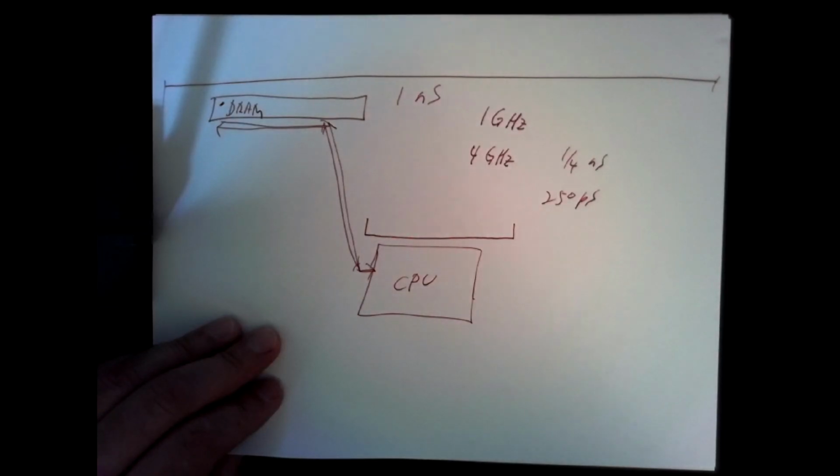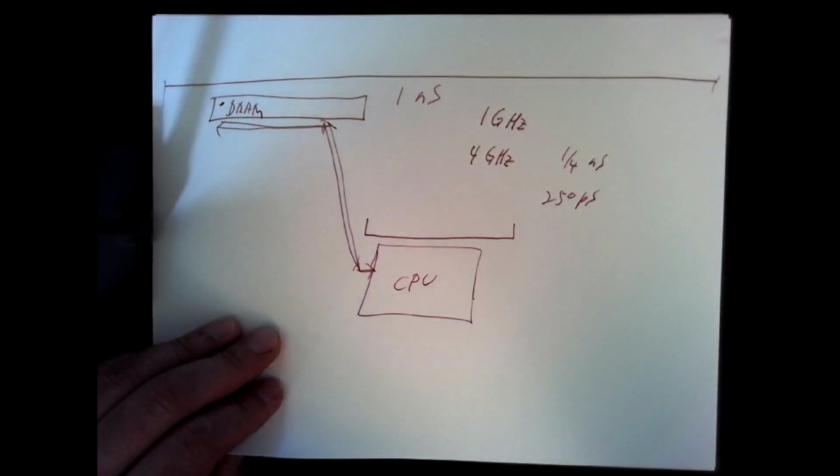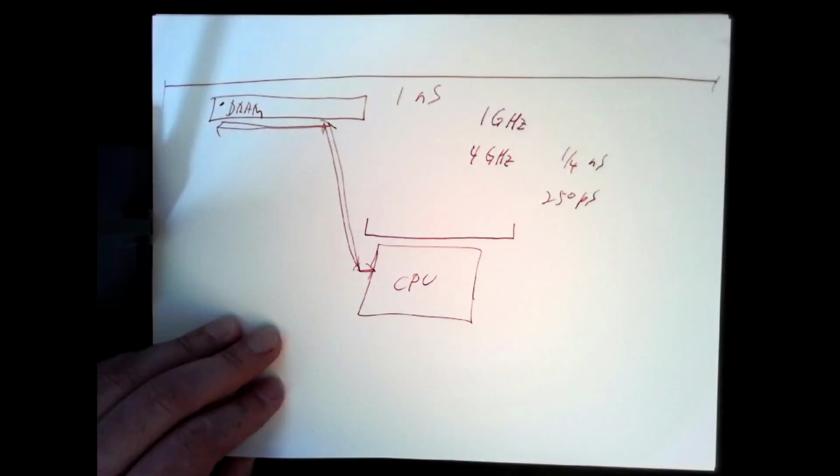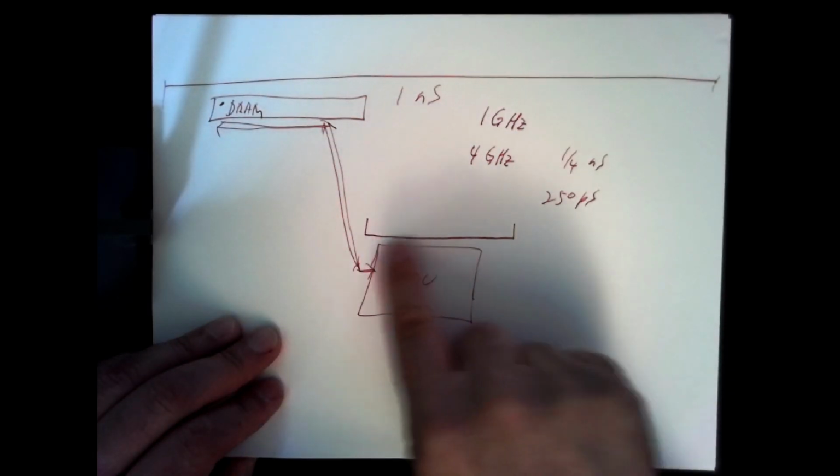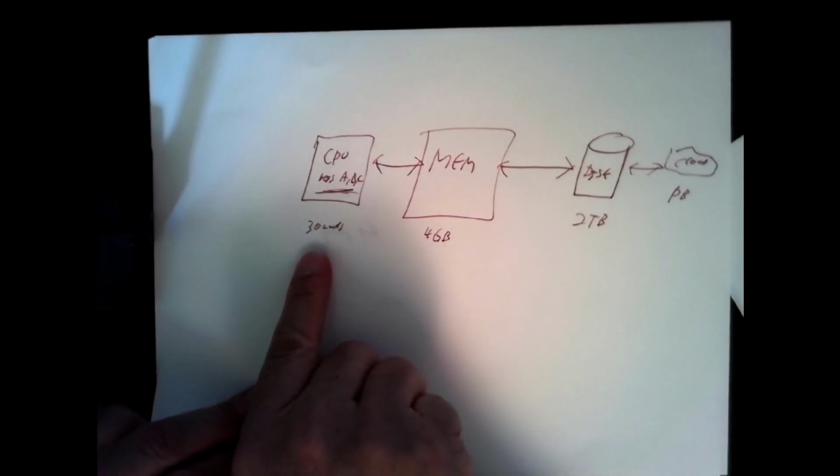So our current big performance killer of interest is going off chip, right? Don't want to go off chip. We want to do everything inside the CPU. But the challenge there is that the CPU only has a little bit of local storage. So how do we deal with that?